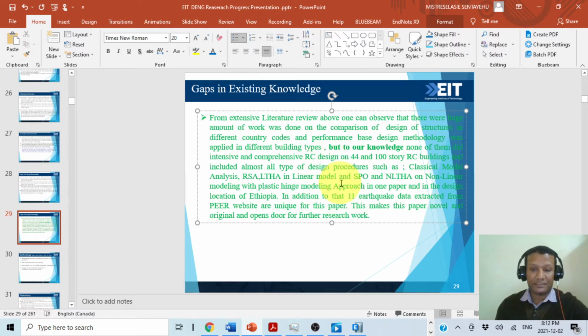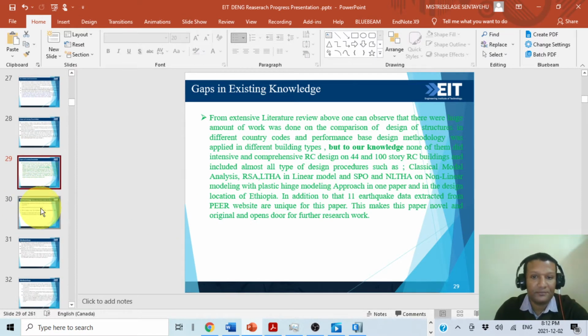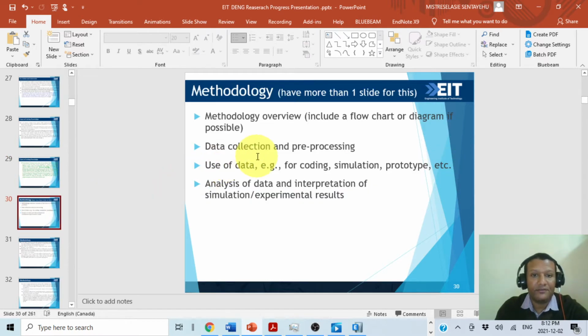So this makes this paper unique and useful in the future as well, and other researchers also might find it very useful at the end of the day. So this is the gap as far as this moment. That's what I found.